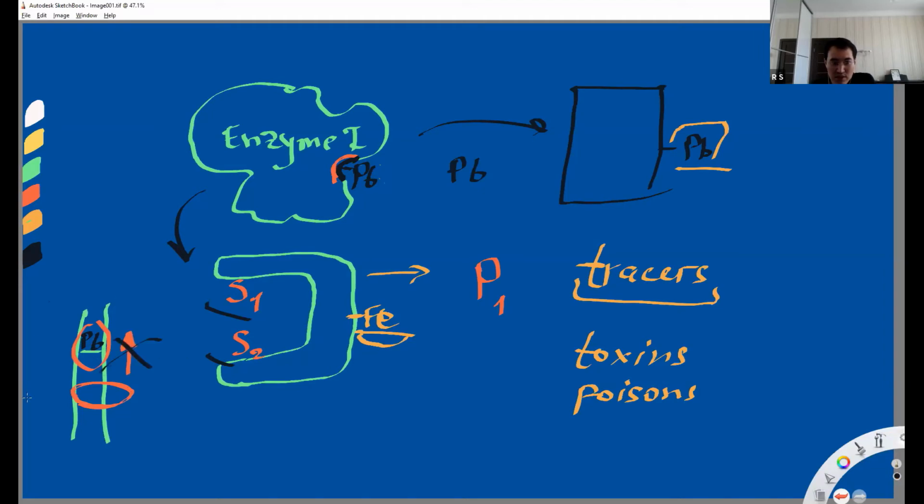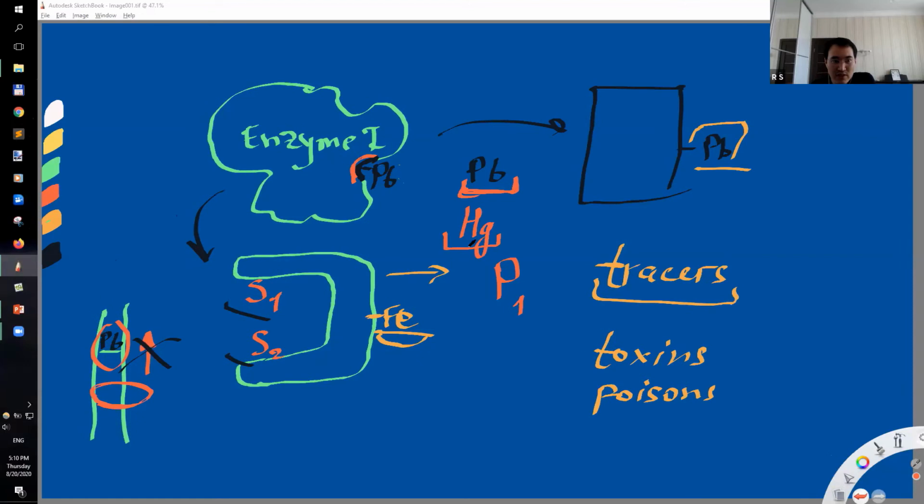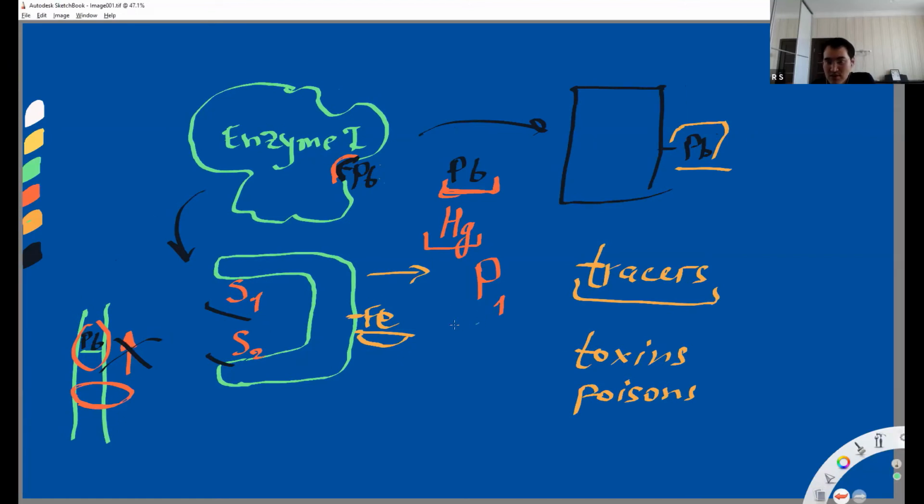So the cell stops producing the messenger RNAs. That's why some elements became poisons for us, like hydrargyrum, for example. So this is mercury. It means that something that is not beneficial for us became poison for us.